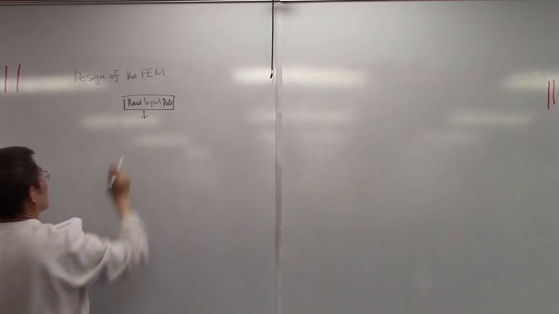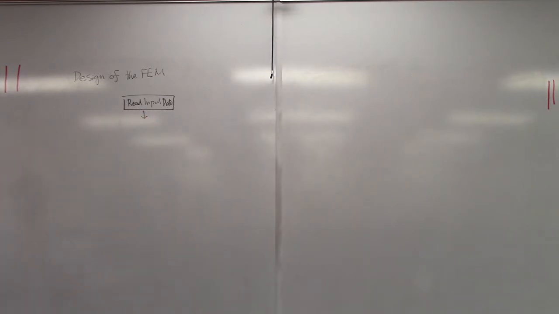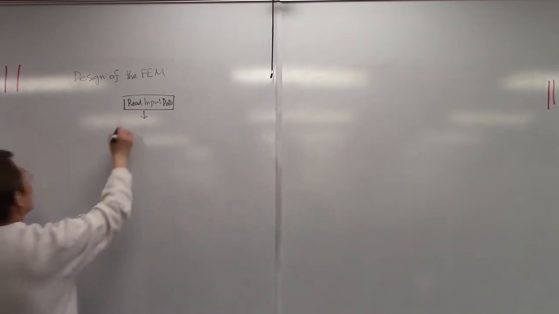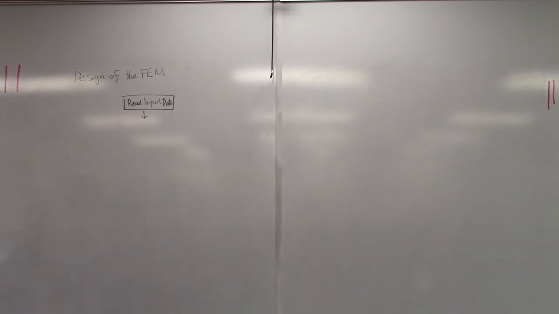After the input data are read, the input data will consist of total number of elements, total number of nodes, and then the nodal position x, y, z. We are doing 2D, so you will have x and y, okay, coordinates.